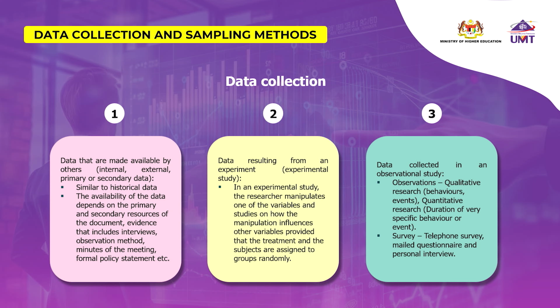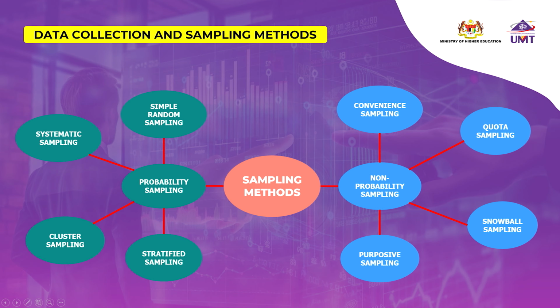There are 2 main types of sampling methods, which is probability sampling and non-probability sampling. Probability sampling ensures every individual has an equal chance of selection, making the sample more representative. It includes simple random sampling, systematic sampling, stratified sampling, and cluster sampling.